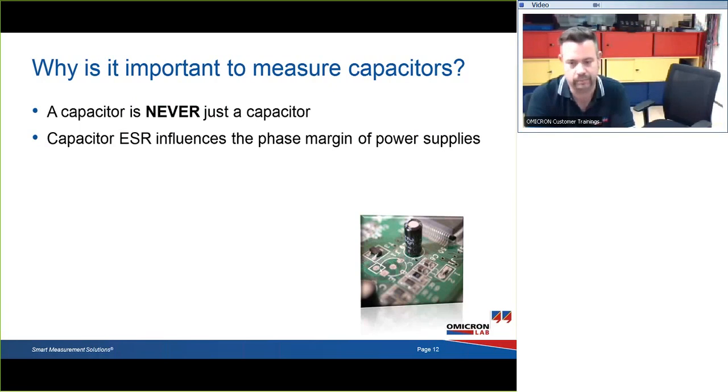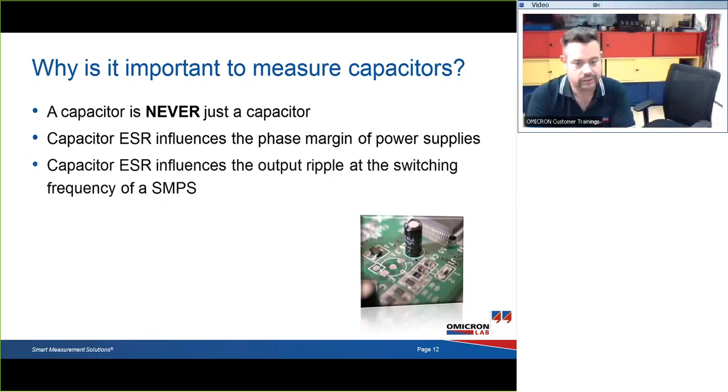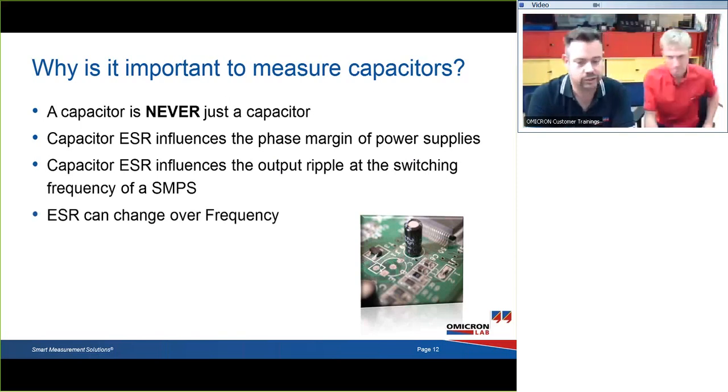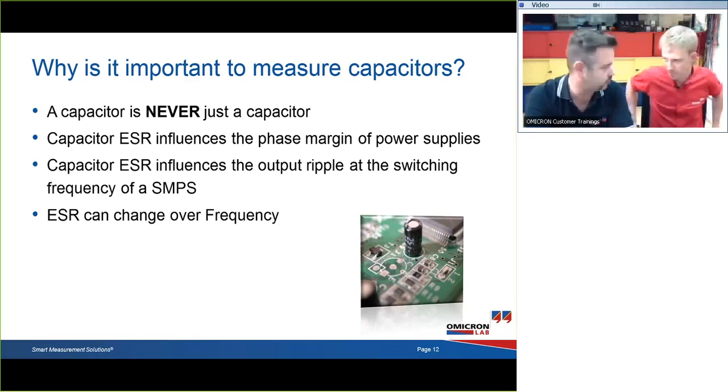For example, the phase margin that we achieve for a power supply depends on the ESR. And ESR also influences the output ripple at the switching frequency of a switched mode power supply. Since the ESR changes over frequency, it might be interesting to know exactly how the ESR behaves over the entire frequency range, so that we know what ESR we have at a certain frequency that is important for us during the design.